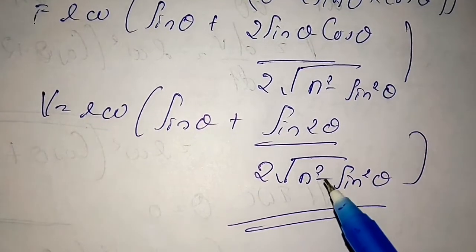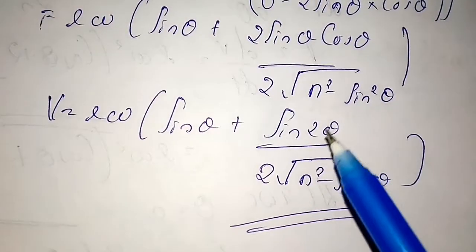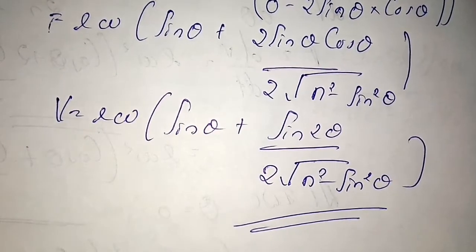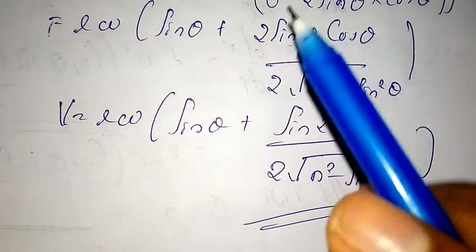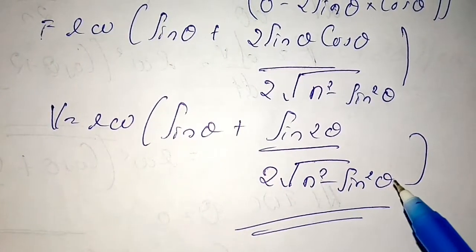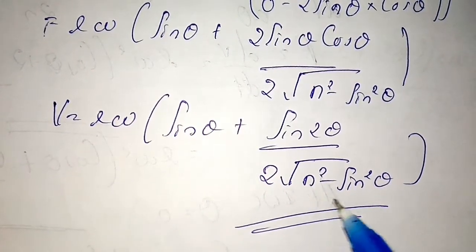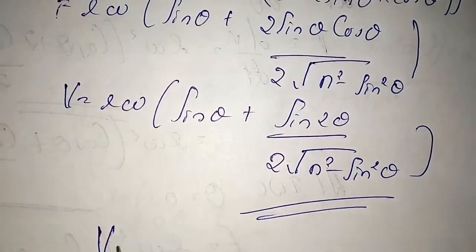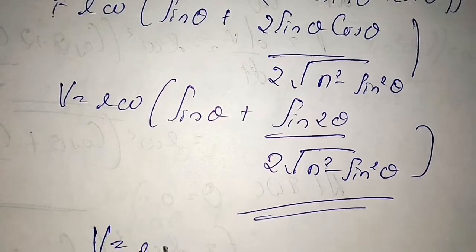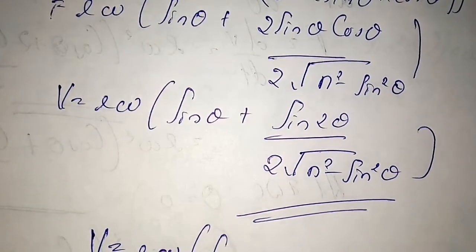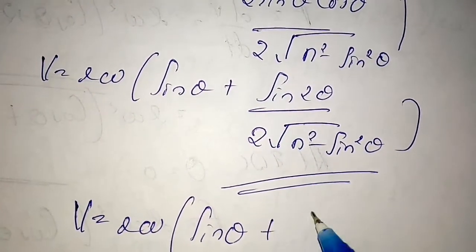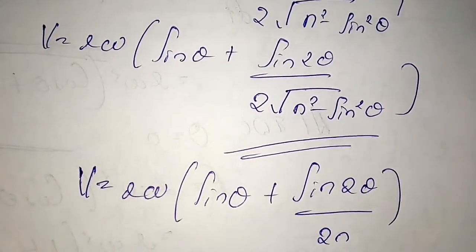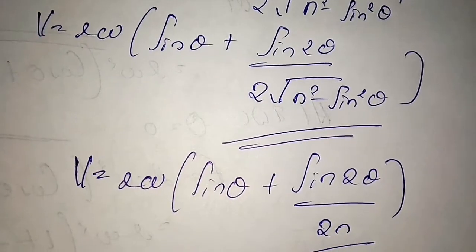Similarly, if the length of the connecting rod is very big compared to the radius of the crank, we will have a lower value of theta and a higher value of n, so we can neglect sine square theta. For a long connecting rod, the velocity of the piston simplifies to sine theta plus sine 2 theta by 2n.